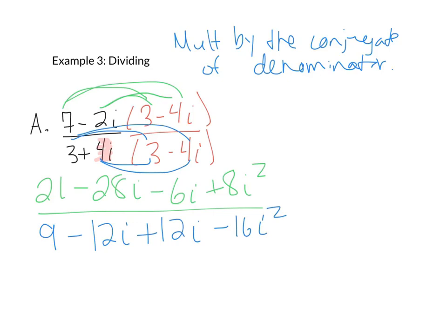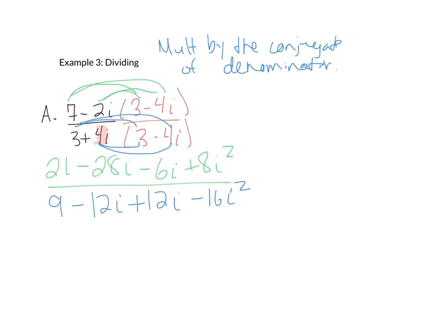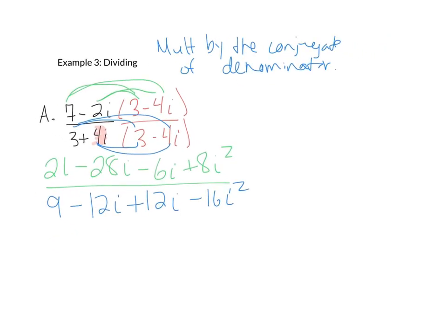So let's see, on the numerator, we can combine the 21 and the plus 8i squared. Because remember, 8i squared, that term right there is going to be minus 8. Because the i squared becomes negative 1, so that makes that plus 8 to minus 8.